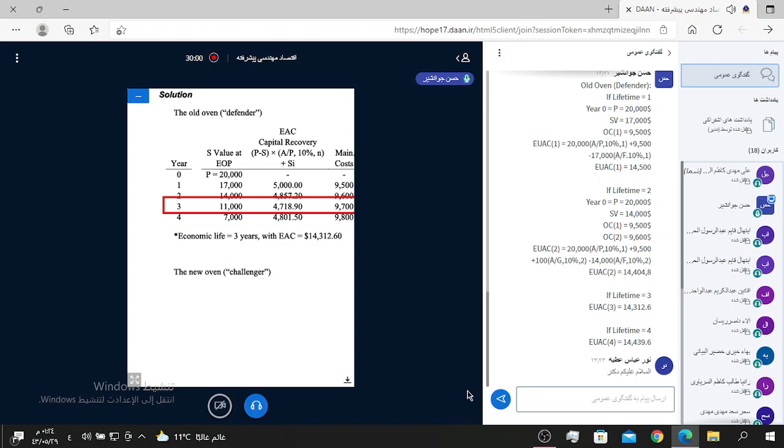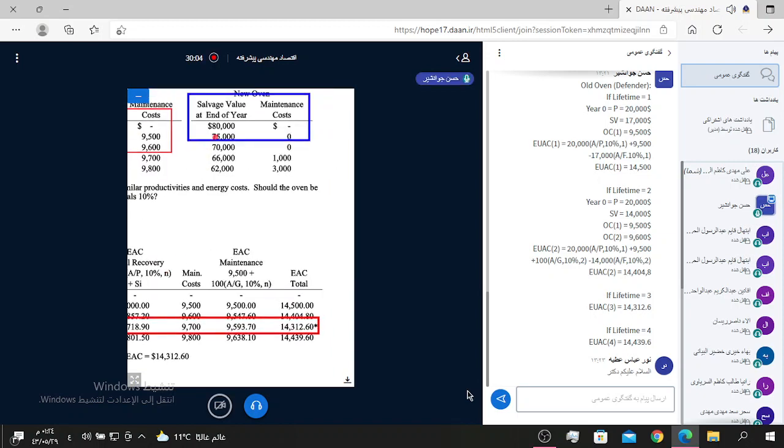If lifetime equals 1 for the Challenger, P is 80,000, SV after 1 year is 75,000, OC is 0.